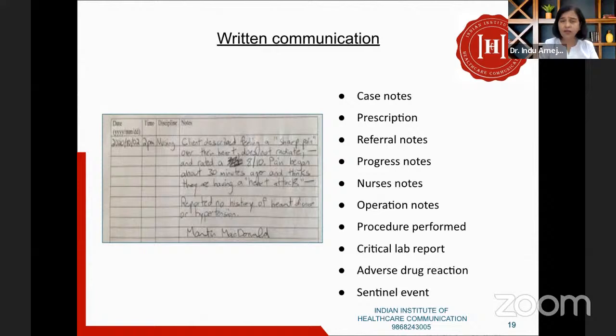I don't know about other hospitals, but I know about the government hospital. Now they say once you sign, you have to stamp it with your name. Because usually when people sign, they sign in such a manner that nobody can make out who has signed this document. So now they're asking that you have to sign and stamp.